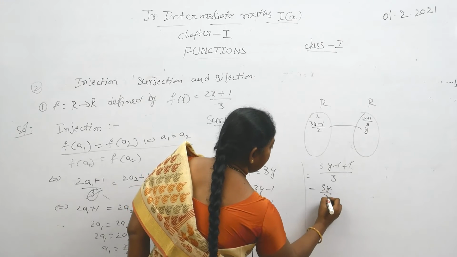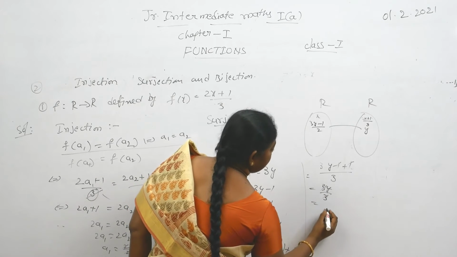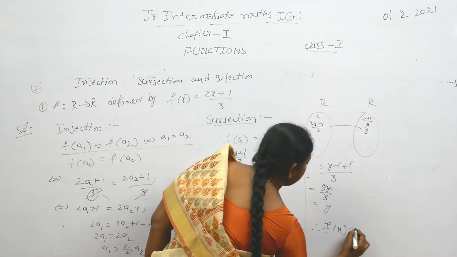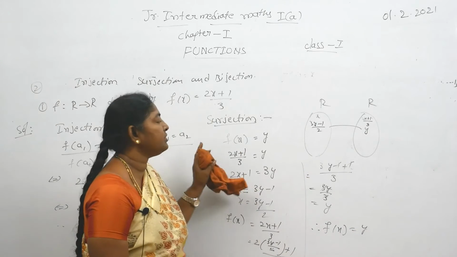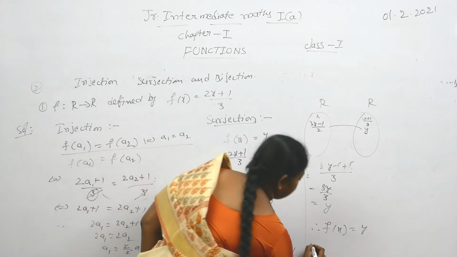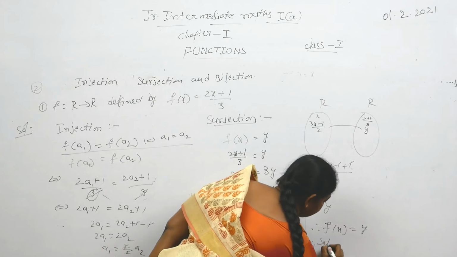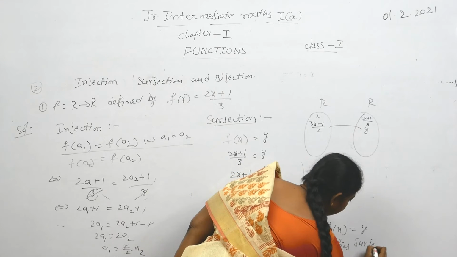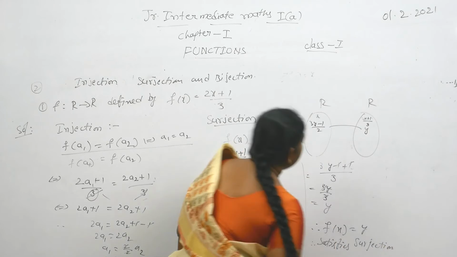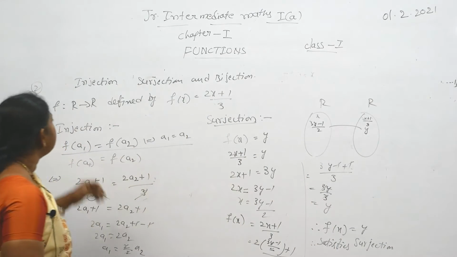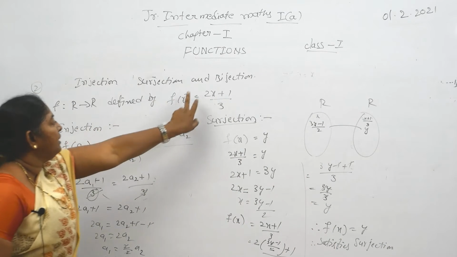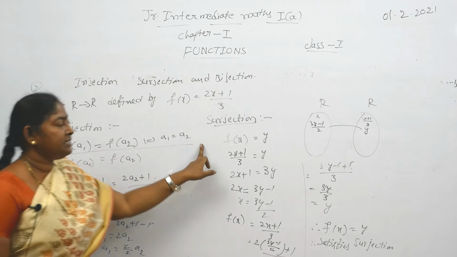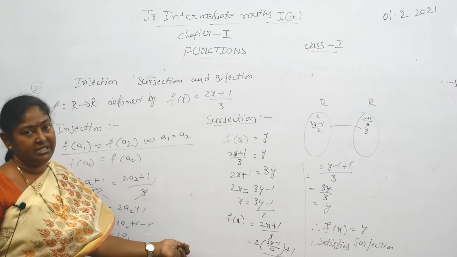So 3y by 3, the 3 gets cancelled. Therefore f of x equal to y. So this condition also satisfies surjection. Therefore this f of x satisfies injection and surjection. Therefore this is a bijection.